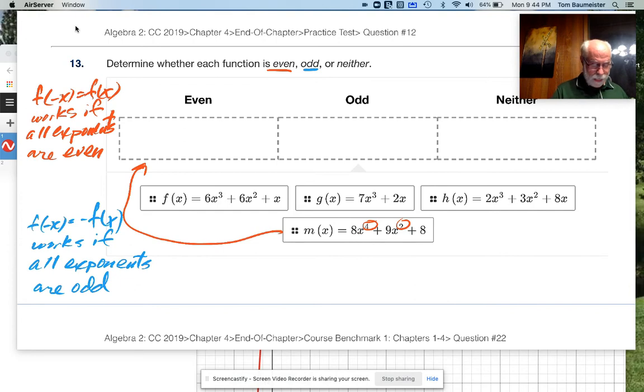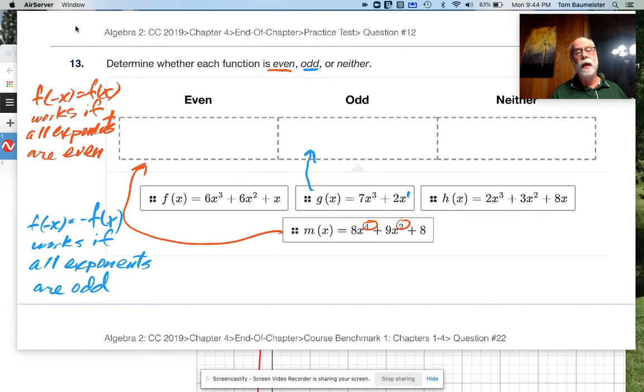Remember, that's to the first power, so that's odd. And so this one here would be right there.